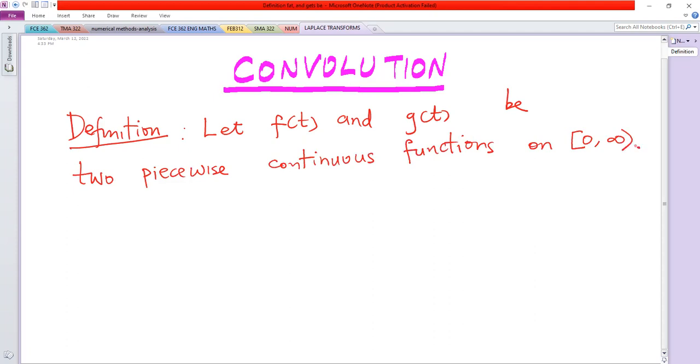So we have f of t and g of t are two piecewise continuous functions on the interval 0 to infinity.